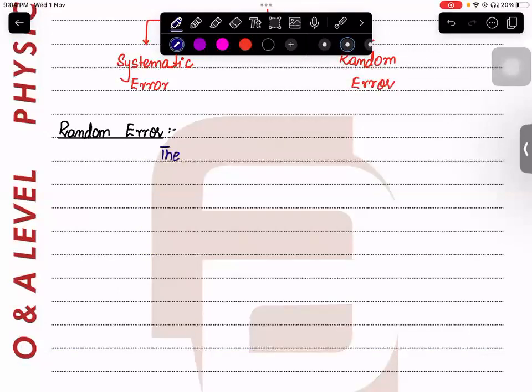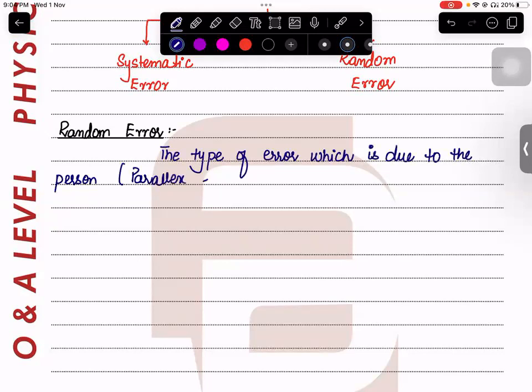The type of error which is due to the person, means parallax error, concentration error. These two are the types of human error or random error. Clear?